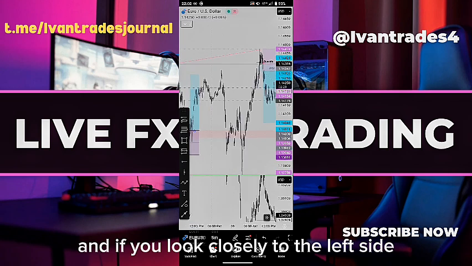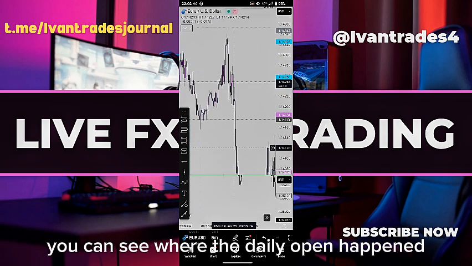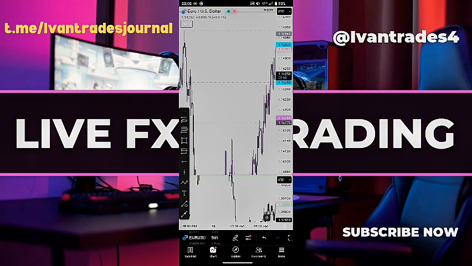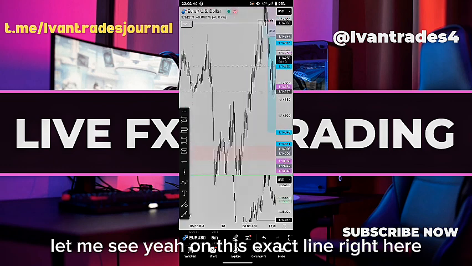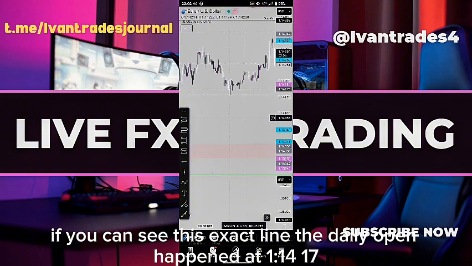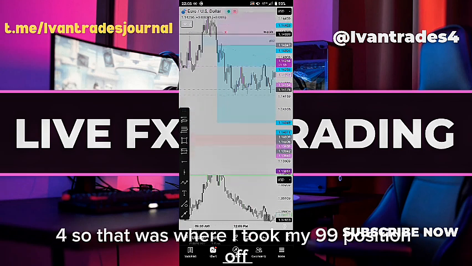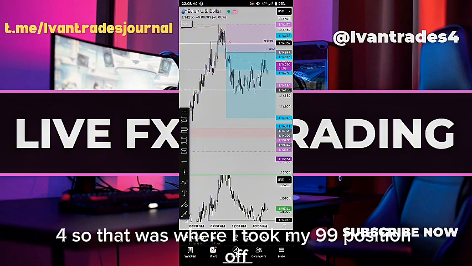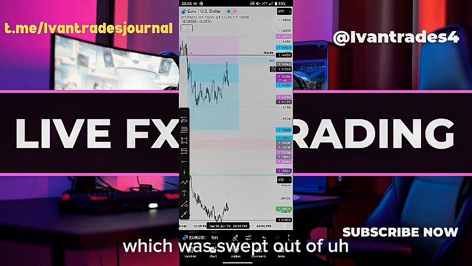If you look closely to the left side, you can see where the daily open happened, on this exact line right here, at 1.1417. So that was where I took my position off right here and left a runner, which was swept out just recently.